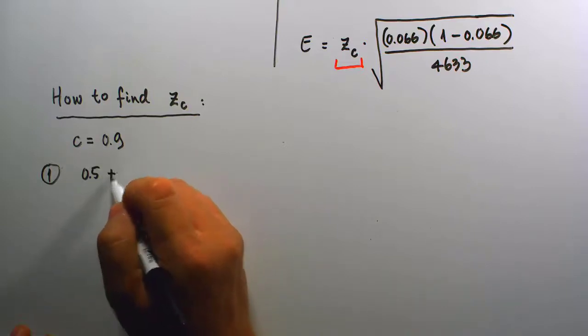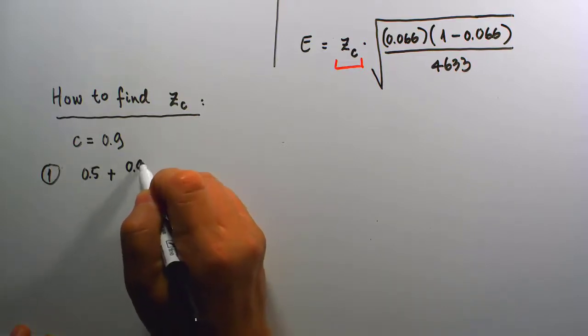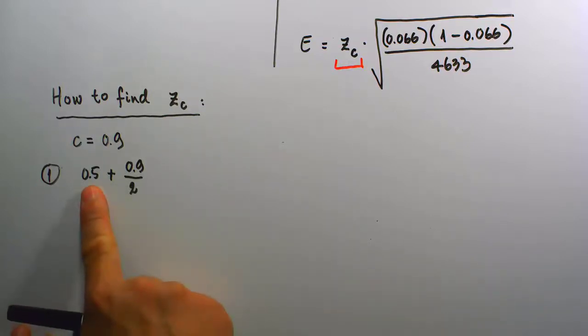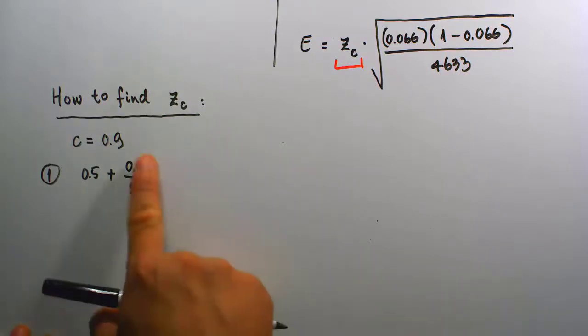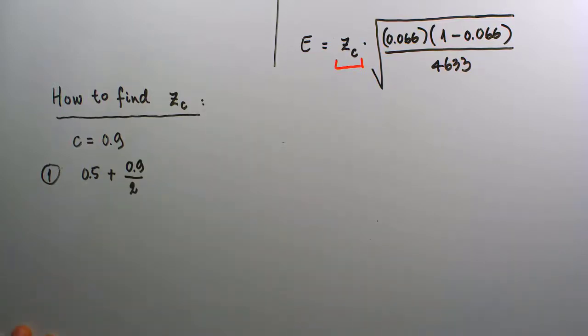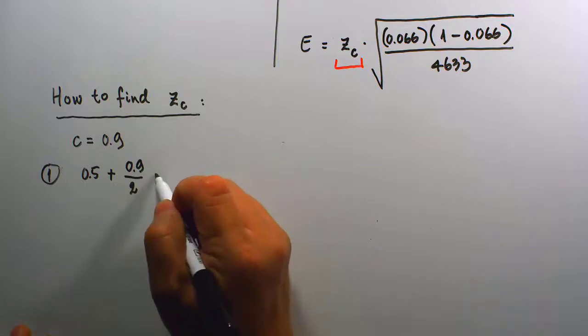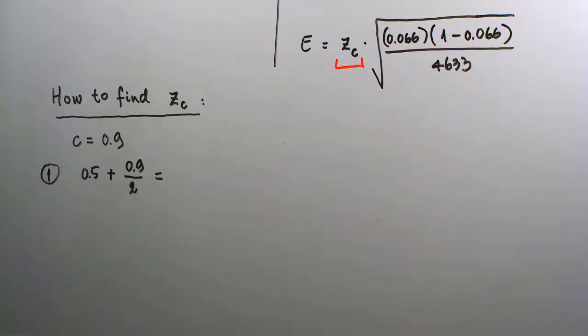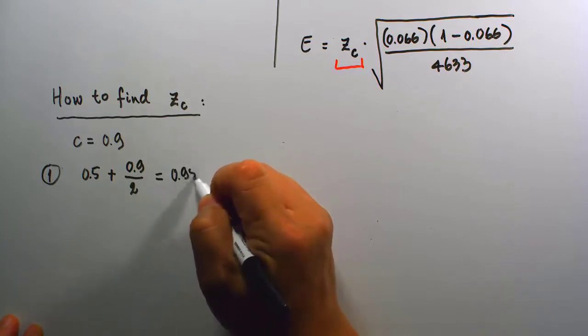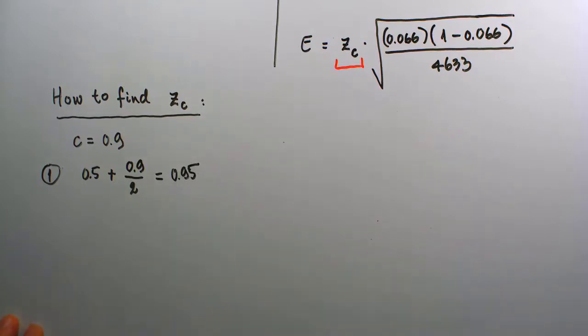0.5 plus half of 0.9. So 0.5 is by itself, but add half of 0.9, and remind yourself that 0.9 here is the confidence level. This value comes out to be 0.95 in its complete precision.